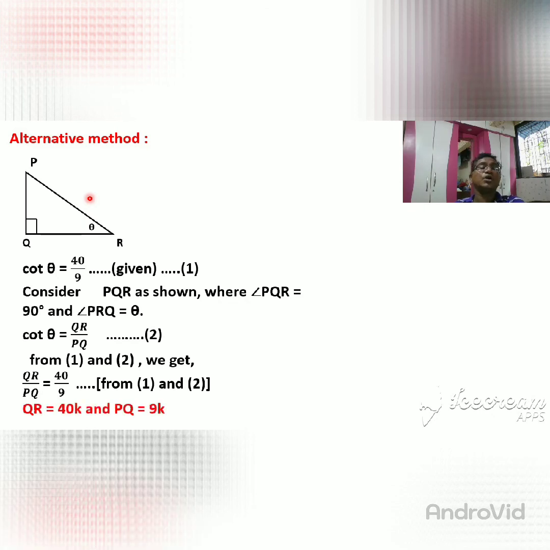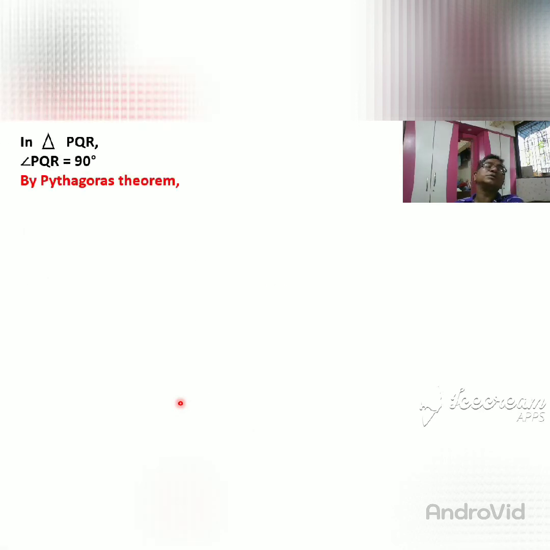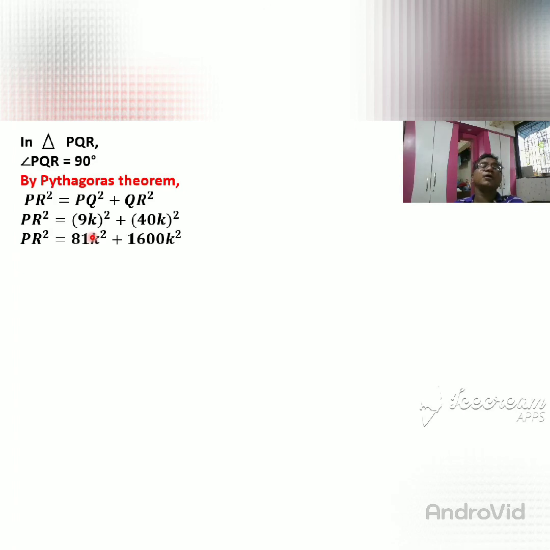So PR square is 1681, and taking the square root, PR is equal to 41. That can be solved here with the values substituted: QR is equal to 40k, PQ is equal to 9k. Using the Pythagoras theorem, PR square is equal to PQ square plus QR square, so 9k square plus 40k square. 9 square is 81k square, 40 square is 1600k square.